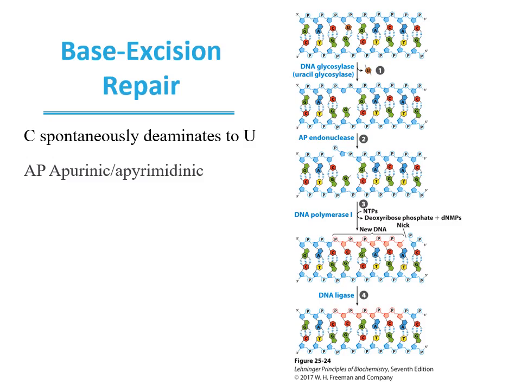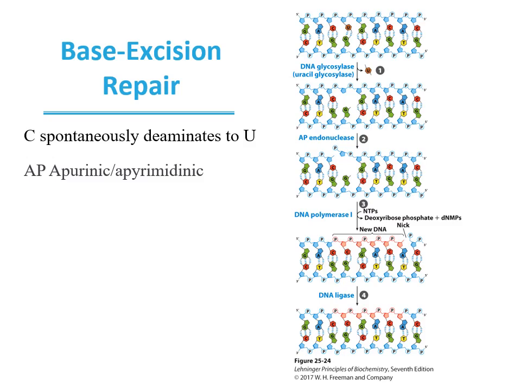In step 1, DNA uracil glycosylase recognizes a damaged base and cleaves between the base and deoxyribose in the backbone. In step 2, an AP endonuclease cleaves the phosphodiester backbone near the AP site.